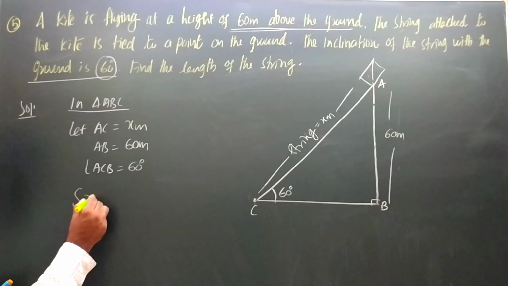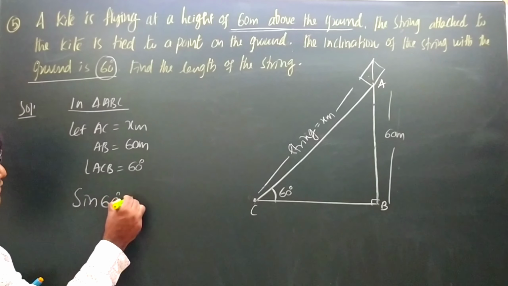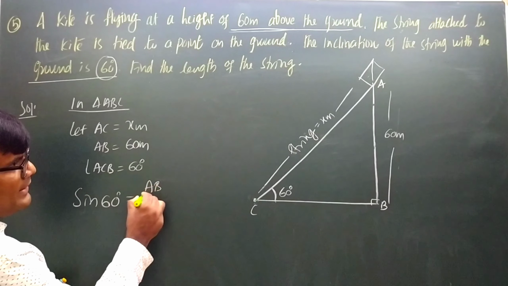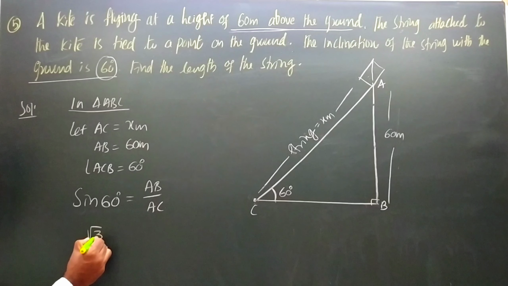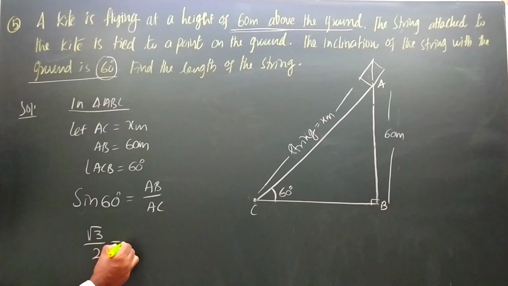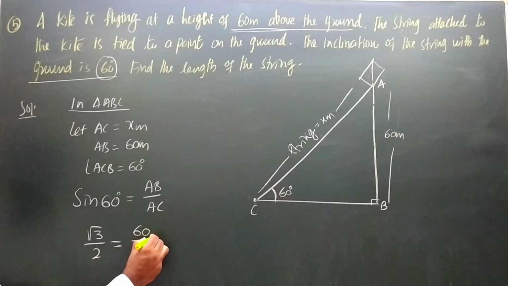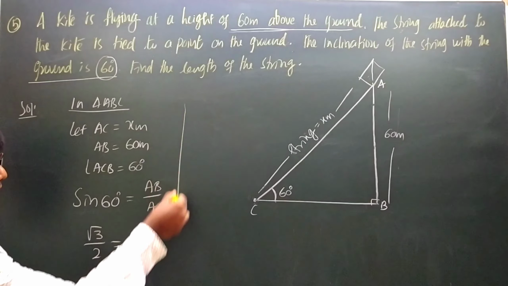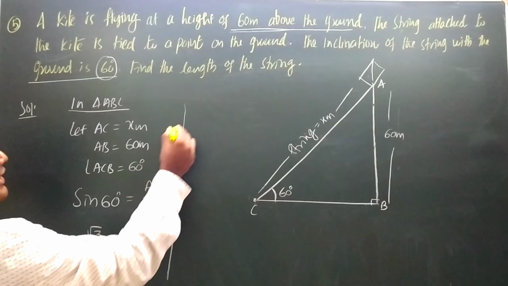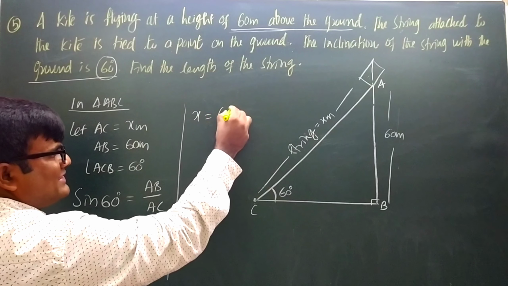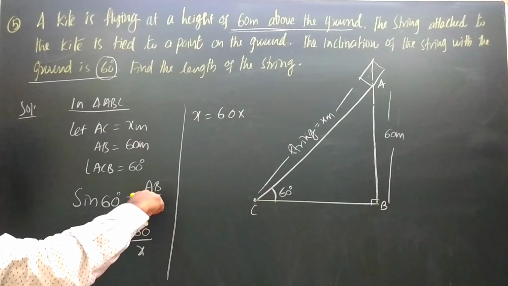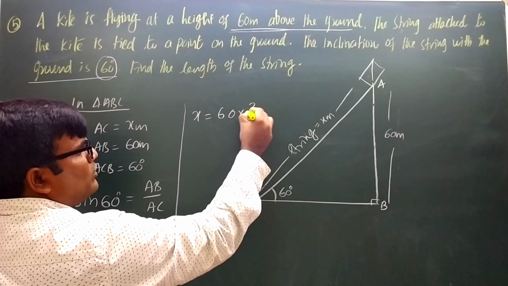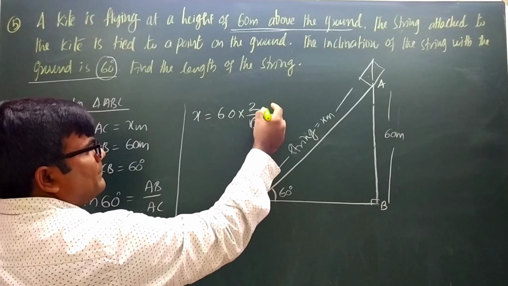sine. So now consider sine 60 is equal to length of AB by length of AC. Sine 60 value is root 3 by 2, which is equal to length of AB, which is 60, by length of AC, which is x. Now x is equal to 60, with root 3 by 2 transposed to the right side, so you will get 2 by root 3.